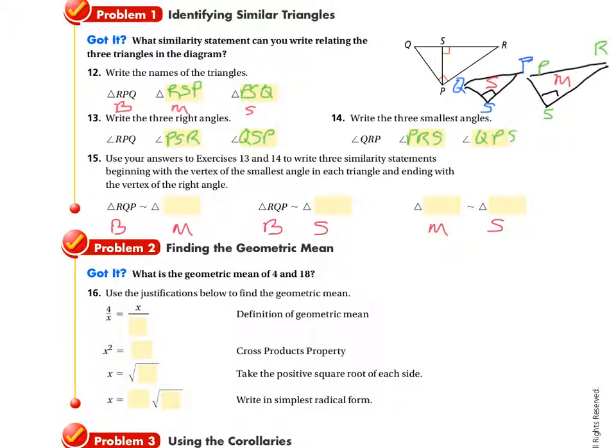And so big to medium would be RSP. Big to small would be PSQ. And then medium would be RSP. And small would be PSQ. So you'll have a few questions on your homework where you have to do that.